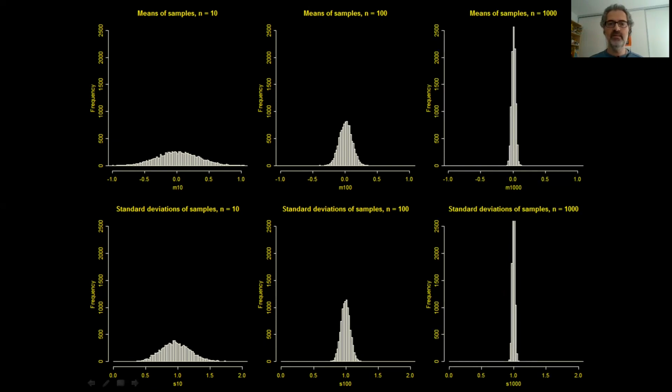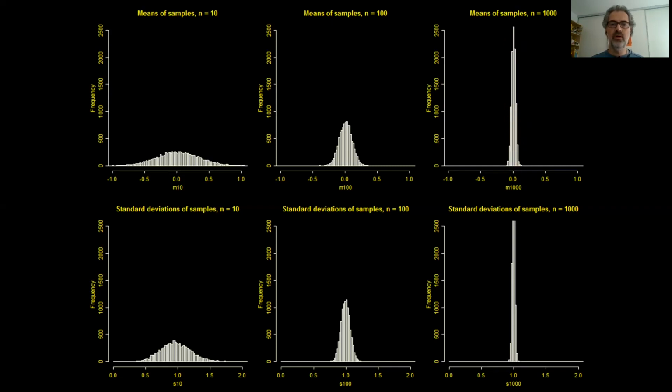Because in a simulation, we can draw thousands and thousands of different samples from the same population just for the sake of seeing what they look like. And I've plotted all of these on the same scale so that they're directly comparable. So you can see that the values are much more spread in the small samples compared to the larger samples where they are narrowly condensed around the true value of the parameter.